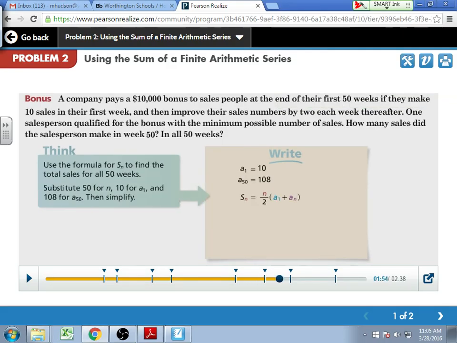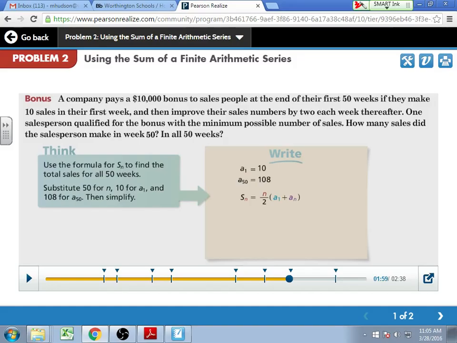Okay, fine. So then, to find our sum, this hopefully should be on your note card. Formula that we've seen a lot today. Number of terms divided by 2, then times the sum of my first and my last. How many terms do I have here? Well, how many weeks are there? 50.